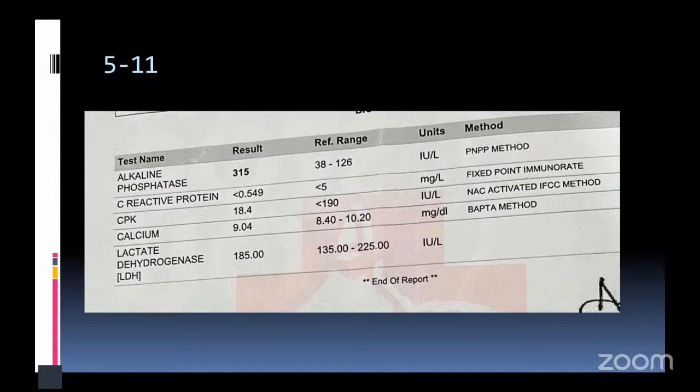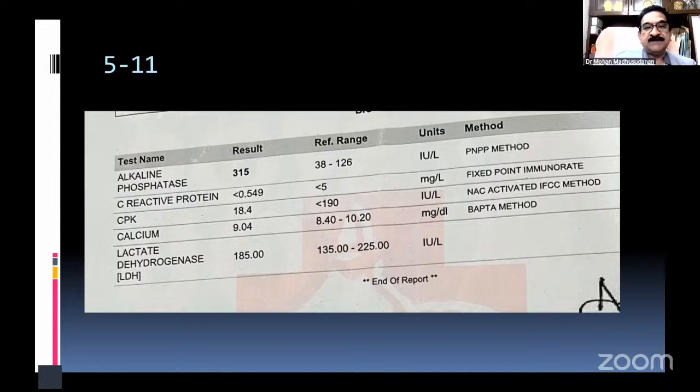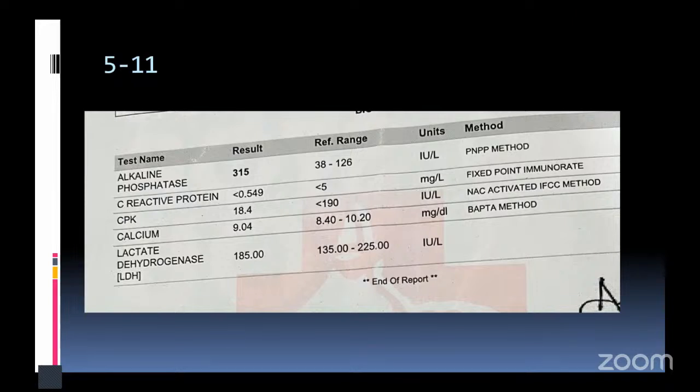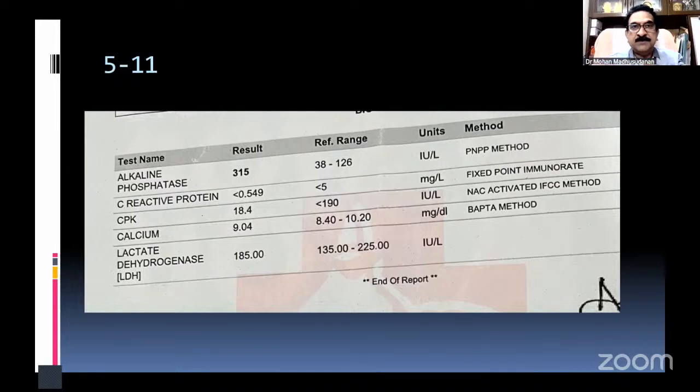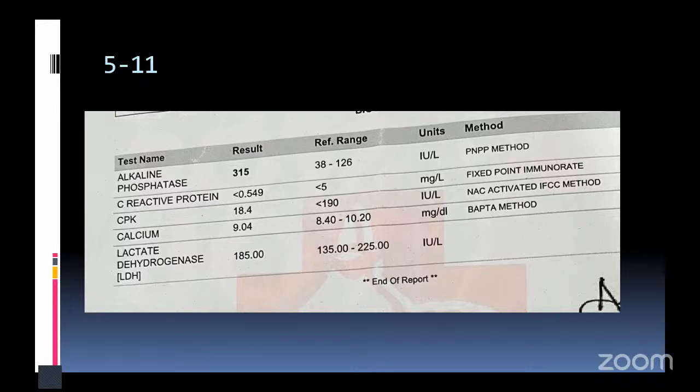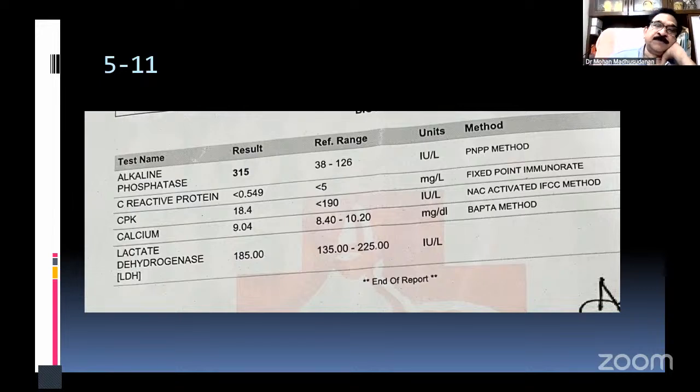CPK normal, calcium normal, LDH also normal. What about the other LFT, liver function? They are all normal. All other blood parameters are normal: TC, DC, ESR, other LFT, RFT are all normal. Peripheral smear is also normal.